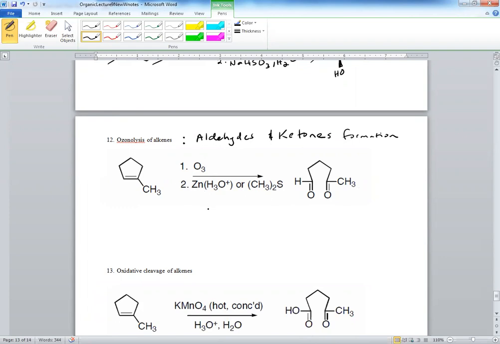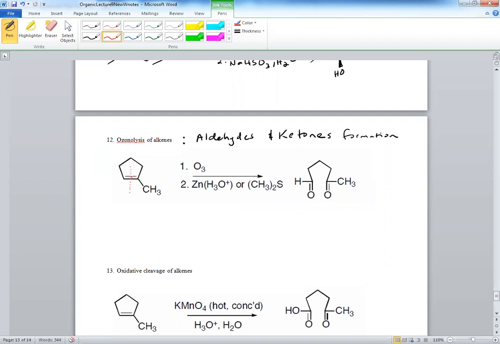all you're doing here with this reaction, and I'm going to make it easy for you, there's quite a complicated mechanism, is the following. You're going to cut this double bond in half, and now you're going to add an oxygen to make it a carbonyl, as you see on the other side right here.